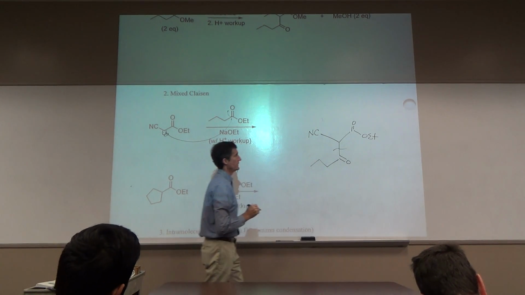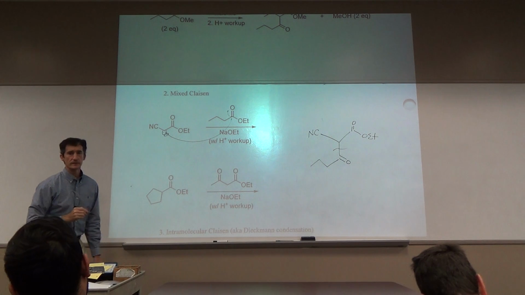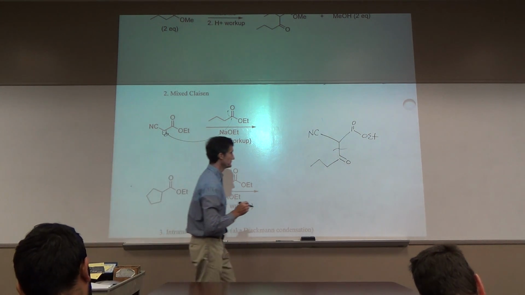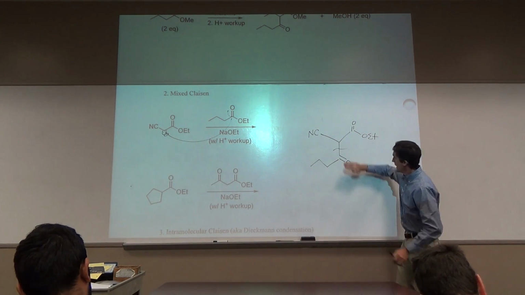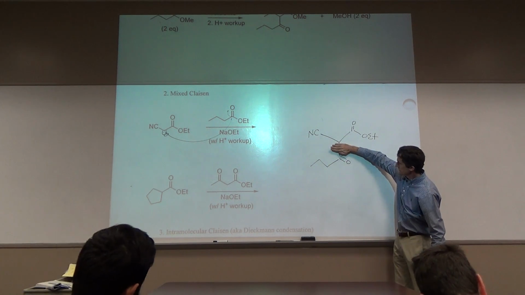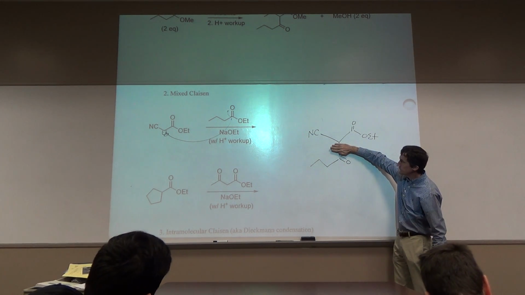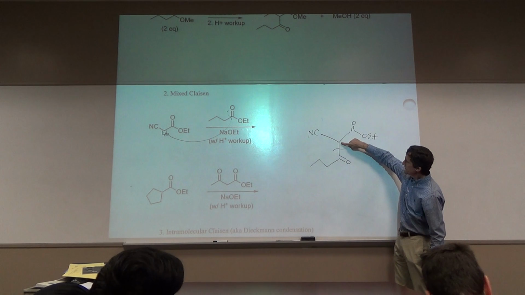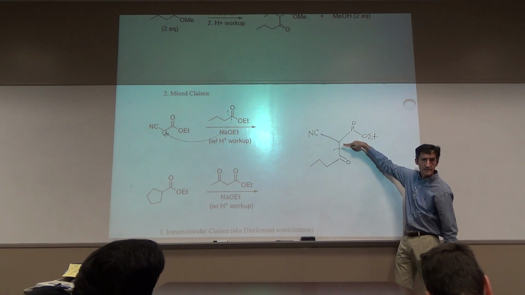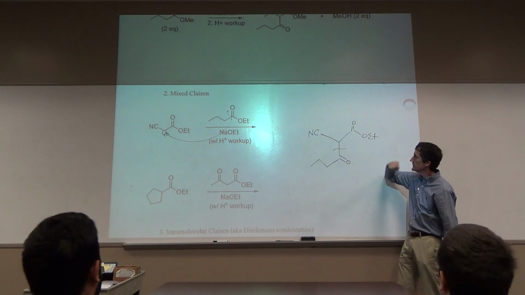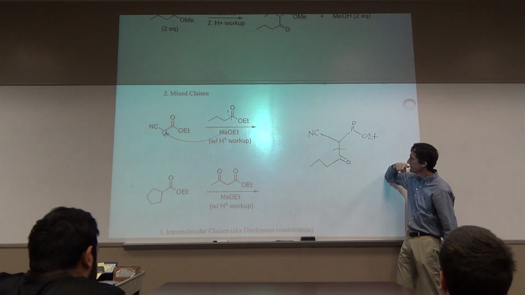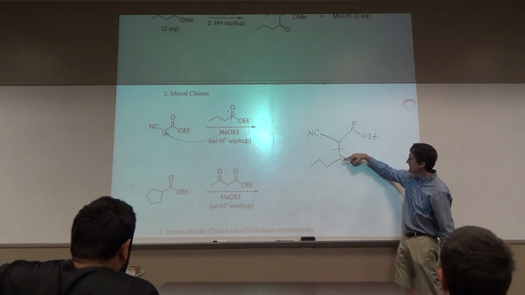That's it. There's our product. Now highlight the bond we made. This used to be an ester, with the O-ethyl. But the enolate replaced the O-ethyl by an acyl substitution reaction, addition elimination. And we have a beta-keto ester now.